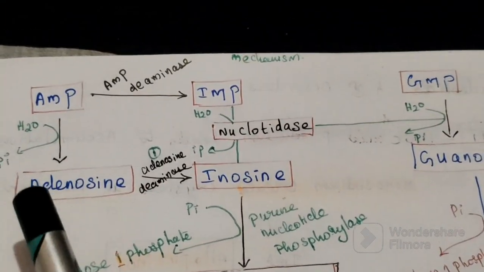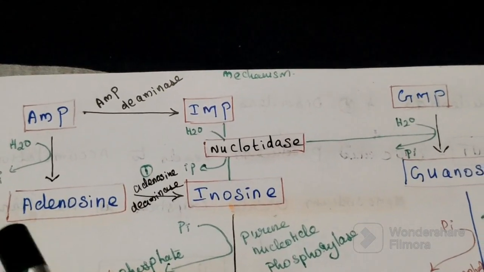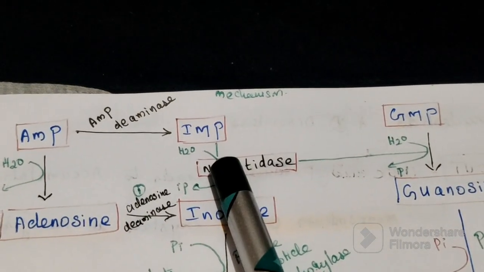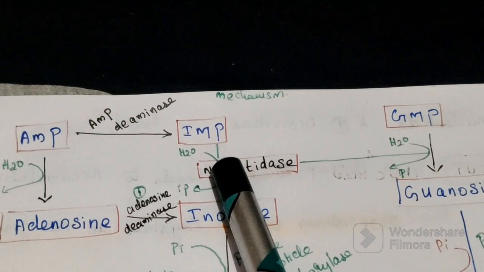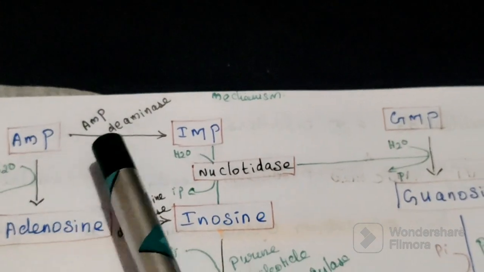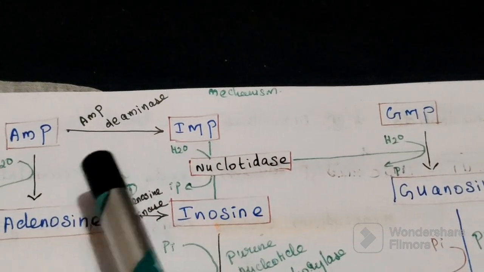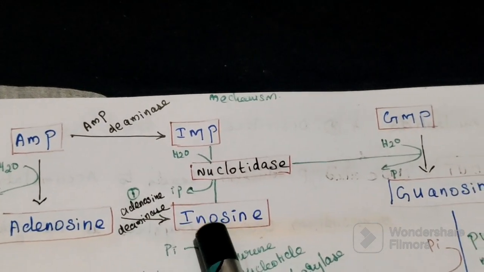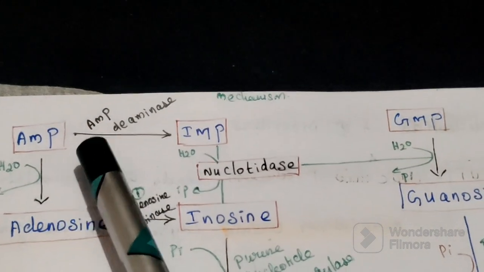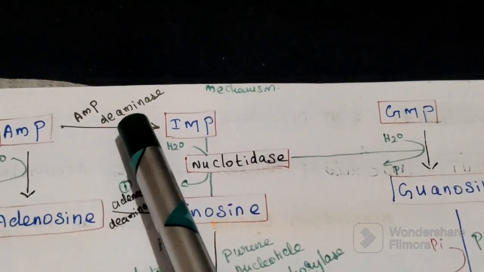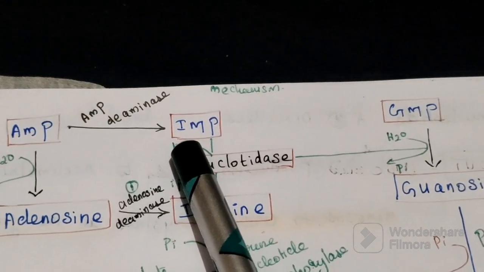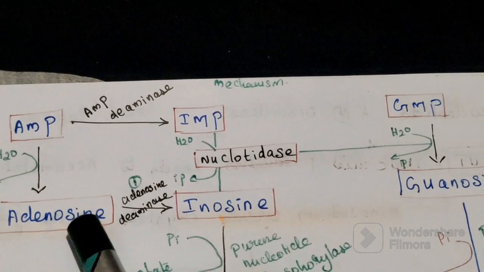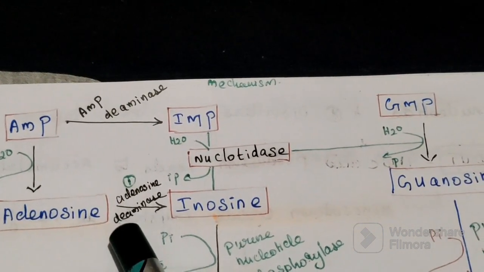AMP is converted into IMP, inosine monophosphate, with the help of the enzyme AMP deaminase. Adenosine is converted into inosine with the help of adenosine deaminase.